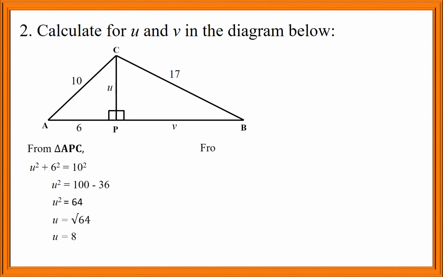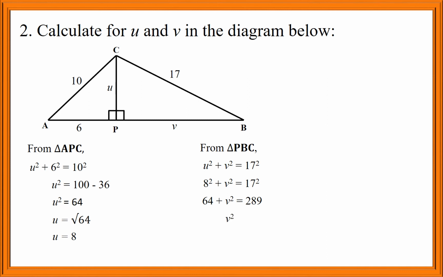Then from triangle PBC, our hypotenuse will now be 17. The horizontal will be v and the vertical will be u. So we can say that u squared plus v squared should be equal to 17 squared. But in this case, we know the value of u. So replacing u here, we'll have 8 squared plus v squared equal to 17 squared. 64 plus v squared will now be equal to 289, which is 17 squared.